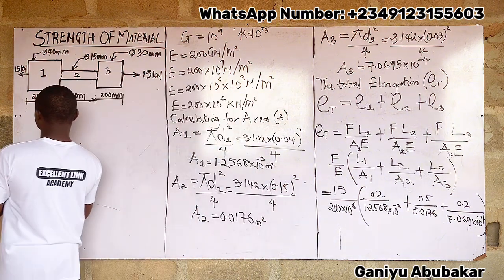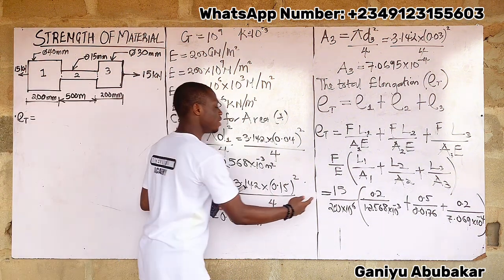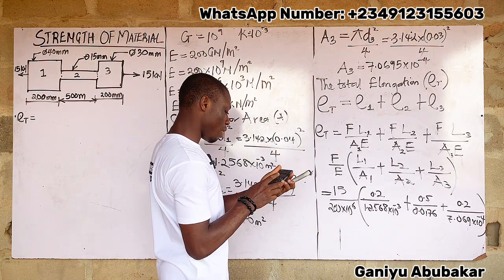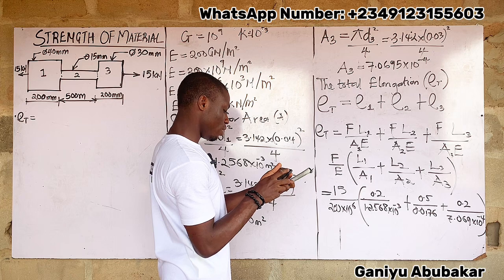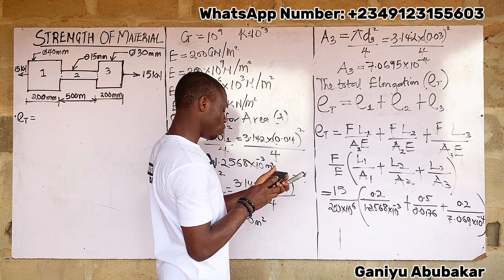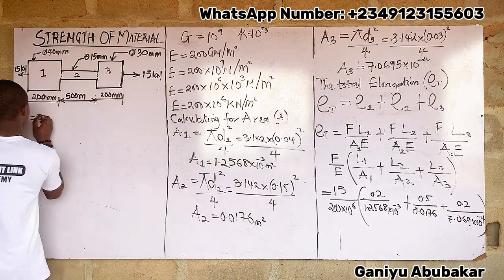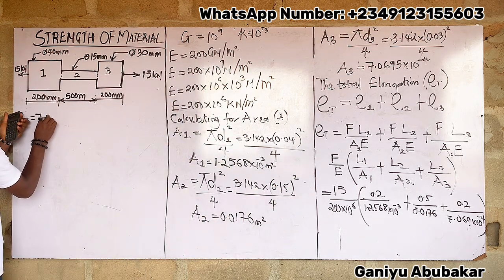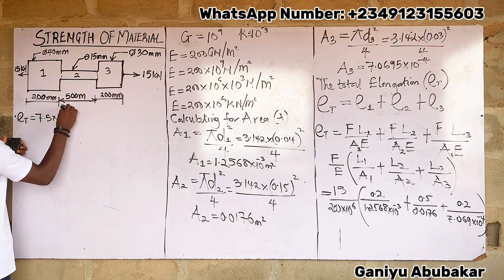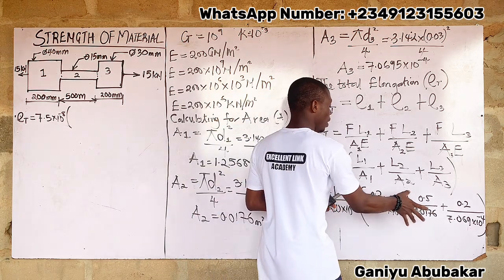So total elongation will be equal to, if I divide 15 by 200 times 10 to the power 6, I'll have 7.5 times 10 to the power minus 8, into, I'll divide each value here.